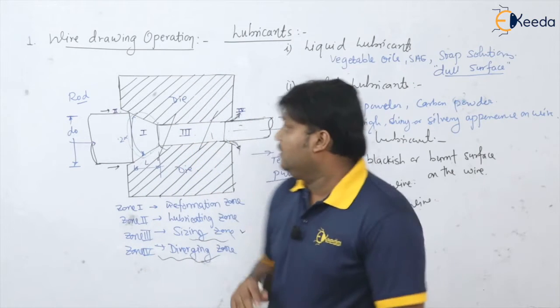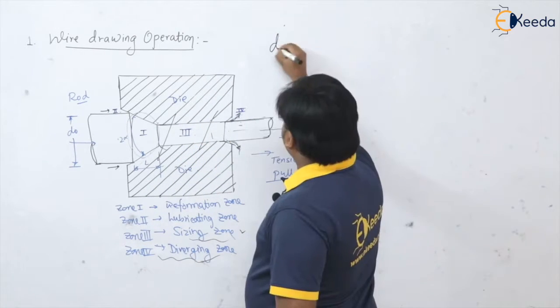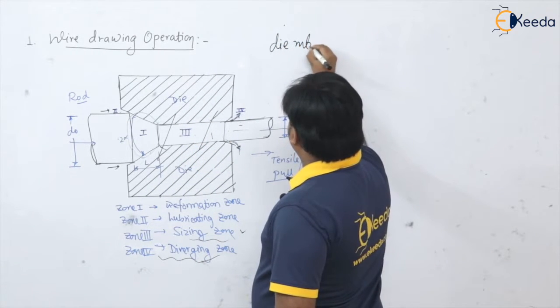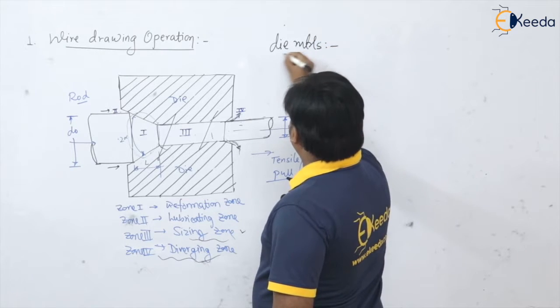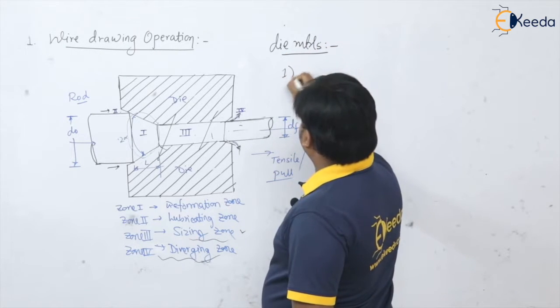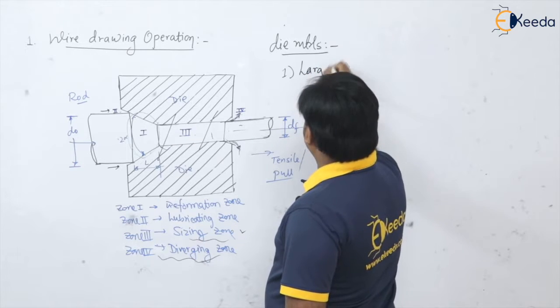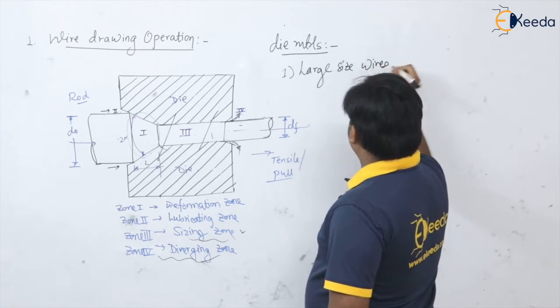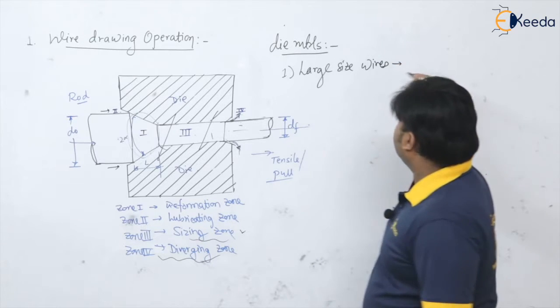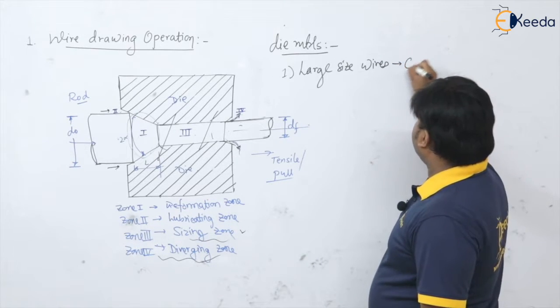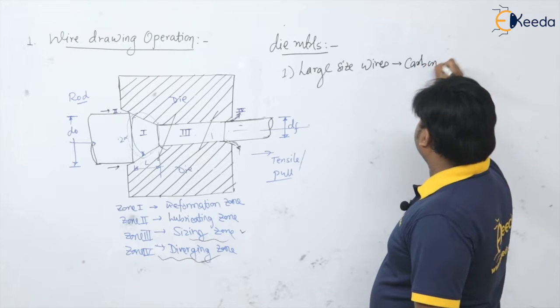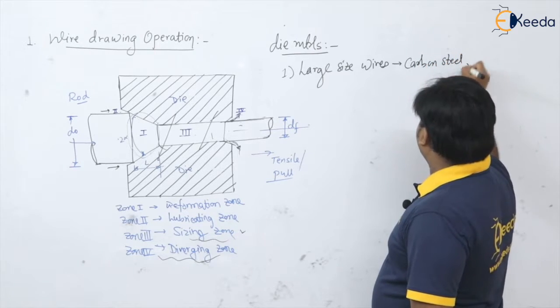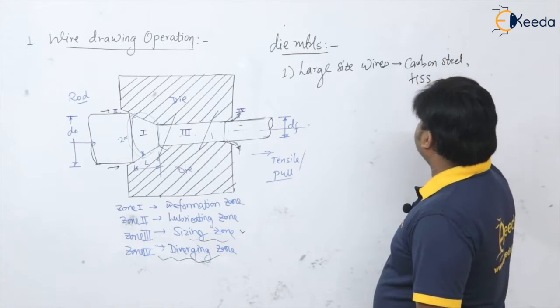Please remember what the die materials are. For large size wires we can use carbon steel or high speed steel dies.